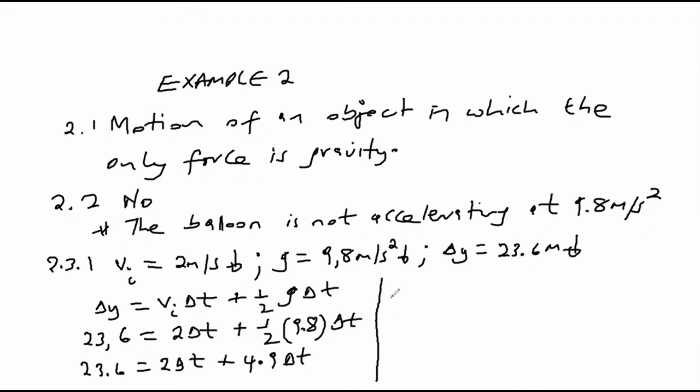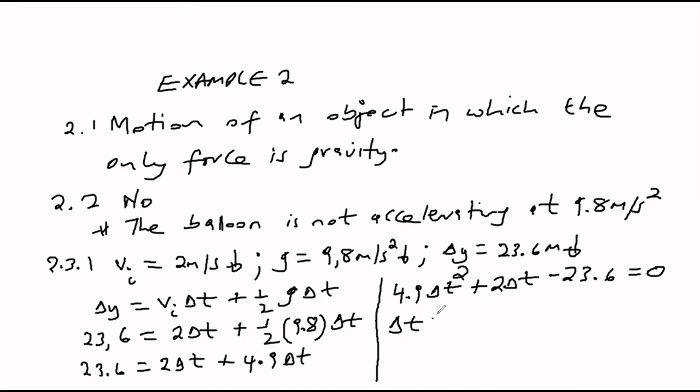Let's take everything to the right. Then we're going to have 4.9 delta t squared plus 2 delta t minus 23.6 equal to 0. You can see this takes a quadratic form. Then you can use the quadratic formula.